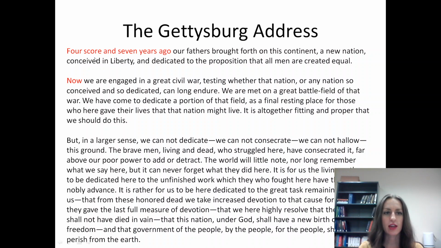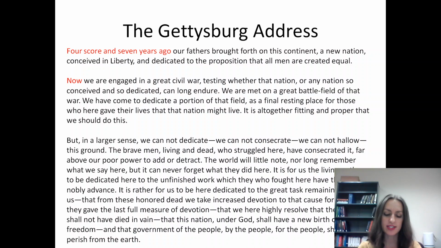First, you'll see highlighted here, we have the phrase "7 years ago." This is a marker of time, of organization, and it is also an allusion, or referring at least back to a previous point in history. And it is set up in contrast with "now," the word now. So the contemporary time.